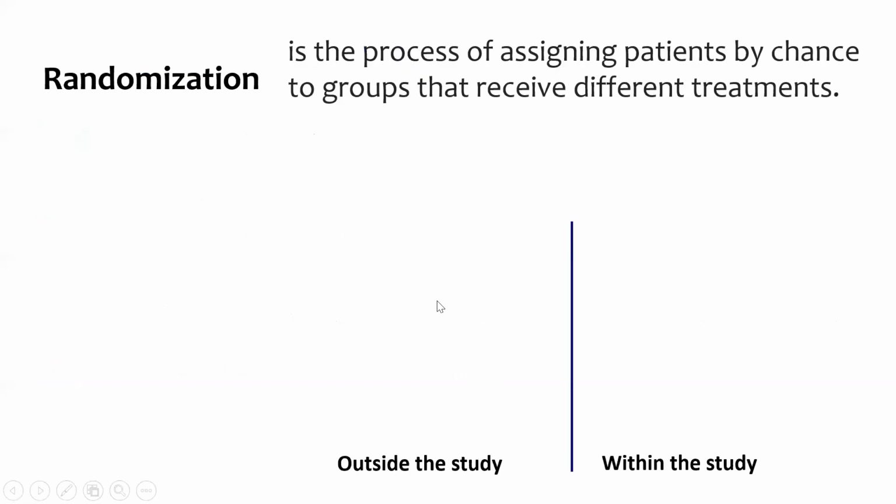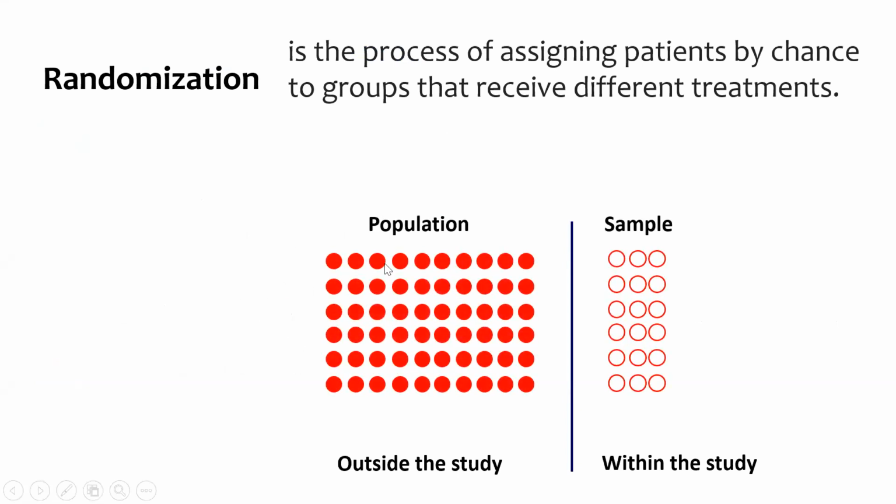Randomization is the process of assigning patients by chance to groups that receive different treatments. You remember when we talked about this: I have two steps in any study, especially clinical trials. The first step is that I bring people from outside the study to inside. This is the population, and I choose my sample, so I choose part of this population into the sample.